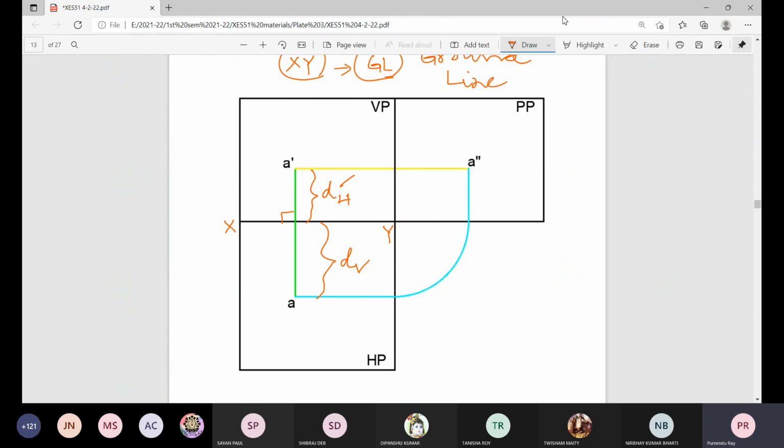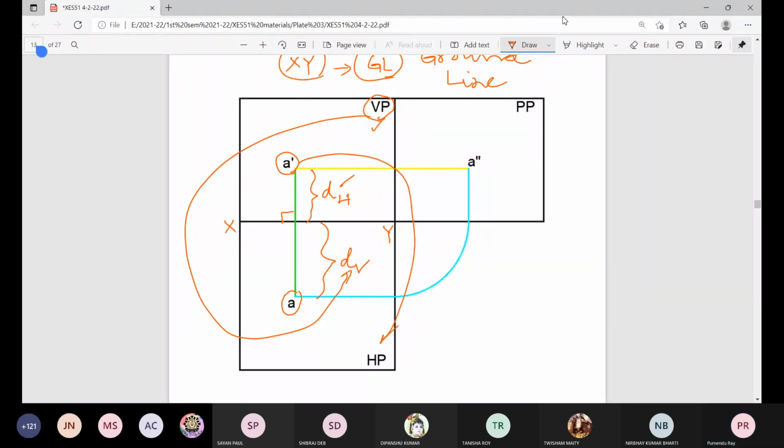So as if it is VP side, on the other side or this other projection, this is the distance corresponding to the view from the other plane. So distance of this view is the distance from the other plane, and distance of this view from the ground line or XY, it is the distance from the other plane, that is horizontal plane.